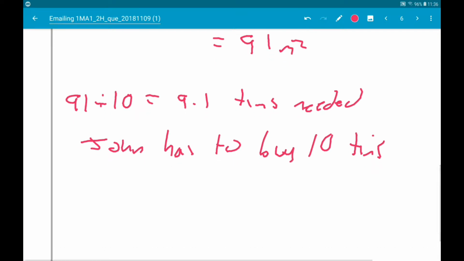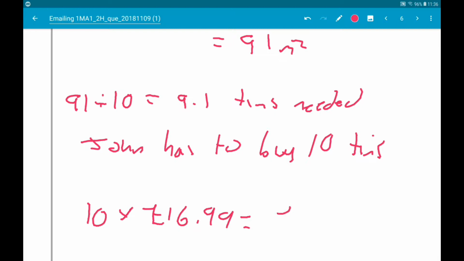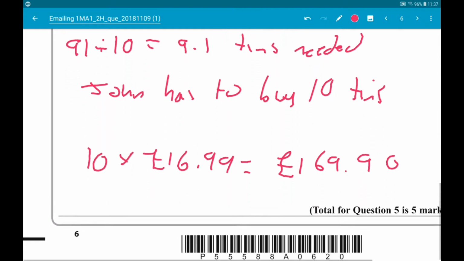So, 10 times £16.99 is £169.90. John only has £160, so the answer is no. He does not have enough to buy the paint he needs.